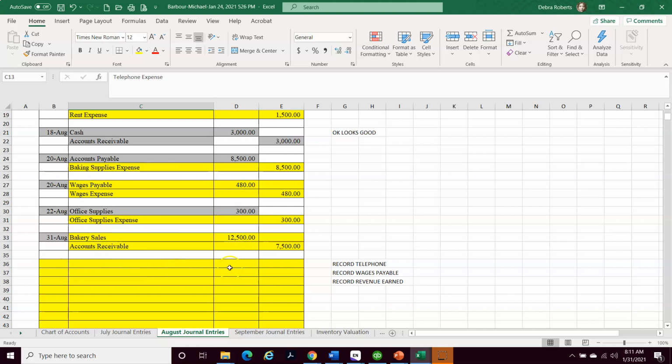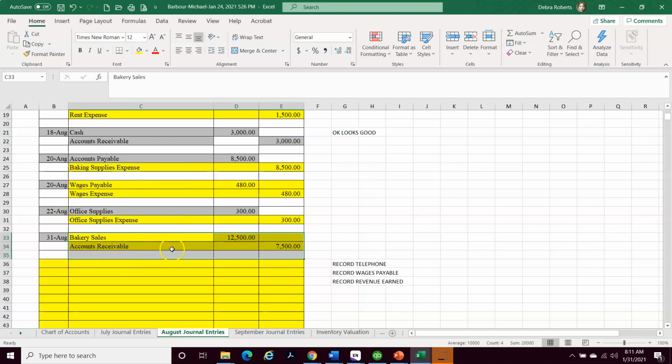Remember, for each one of the entries, you have to record your receipt of the telephone bill to be paid later. You also have to show the fully completed revenue recognition, which means you increase your revenue account, bakery sales, with a credit. You increase your cash and your receivables with a debit.